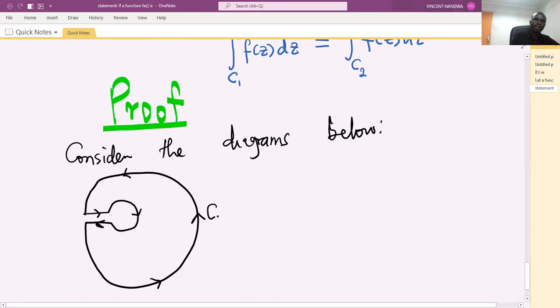This is C1, and this is C2, and we call this point A, and this B. So this is diagram A. Let's consider another diagram here.